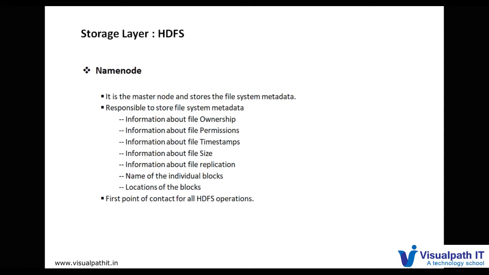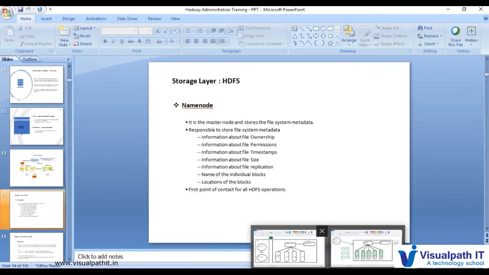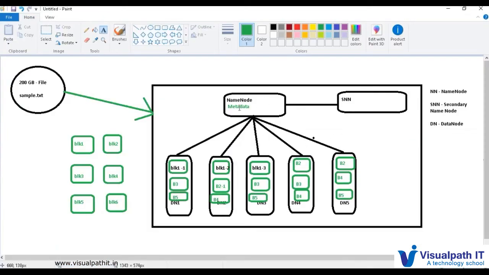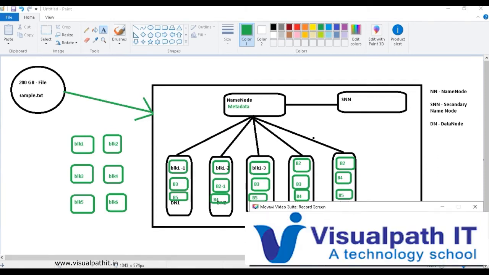And the location of the blocks: which data node it is stored on. That is called metadata. That metadata will be stored in the name node. Here the name node, and here the data nodes will store the actual block information. Okay, so the actual blocks will be stored, right? So let us see.